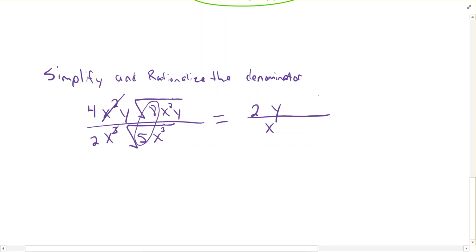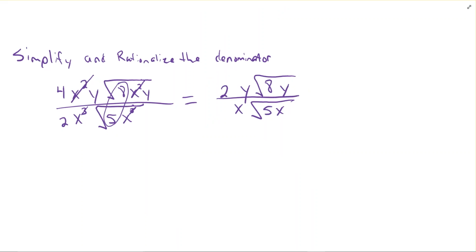So I've still got a square root. I've still got 8 up top. The x's, though, 2 of the x's up here are going to cancel with 2 of them up here, leaving just an x in the bottom. So we're still going to have that 5 and an x, and then a y is up top. Okay, so that's pretty much simplified. We got that pretty much good to go.